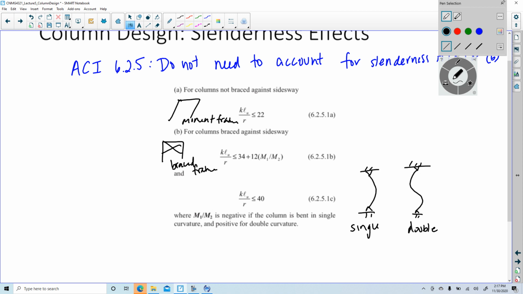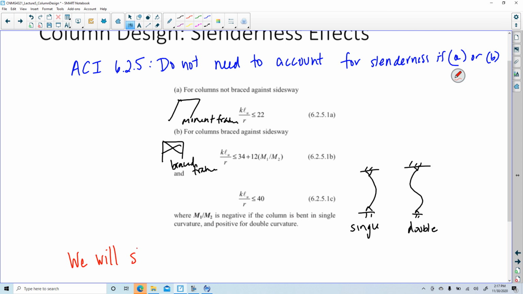All that to say, we will stick to short, non-slender columns, so that we don't have to account for slenderness.